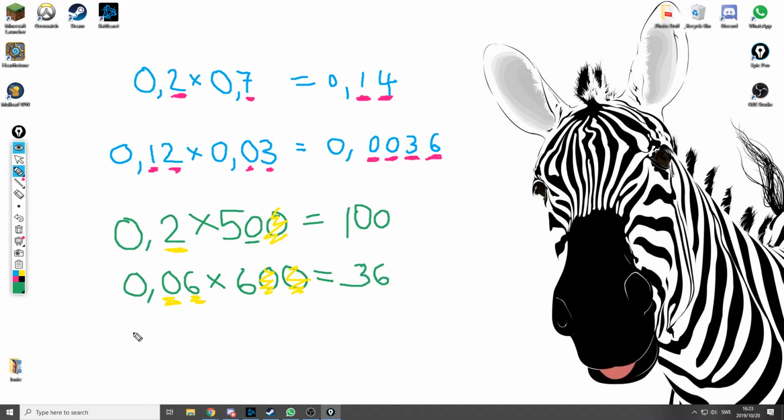Let's try a question like 0,15 multiplied by 20. I have 2 decimal places in my question, so that means I need to take away 2 zeros over here, but I only have 1 0 to take away. So that means I've taken care of this decimal place, but I still have to do something about this one.